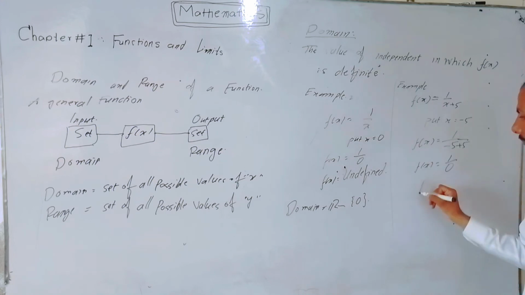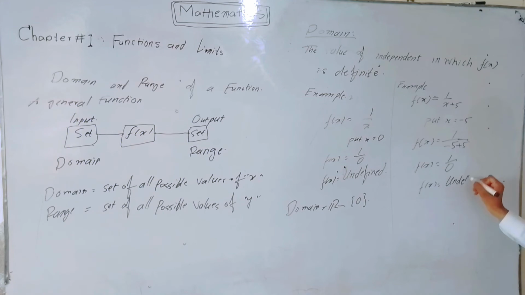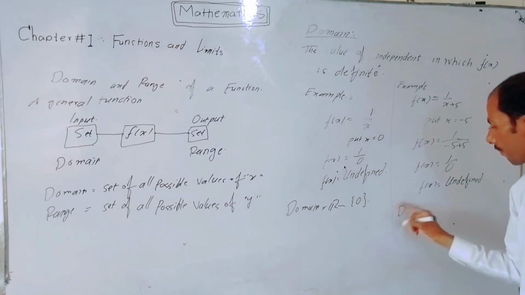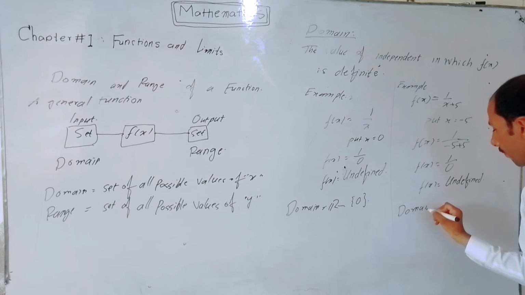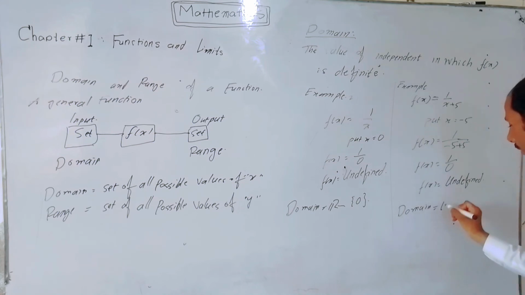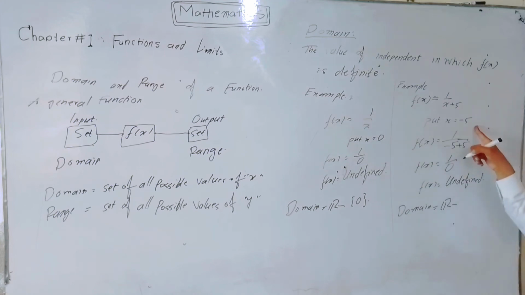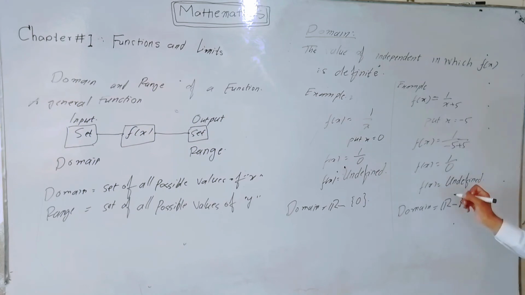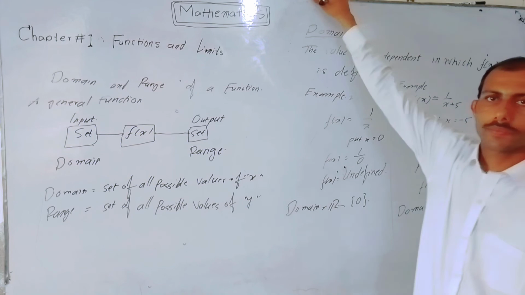So f of x is undefined. So the domain is all real numbers other than minus 5. Next example.